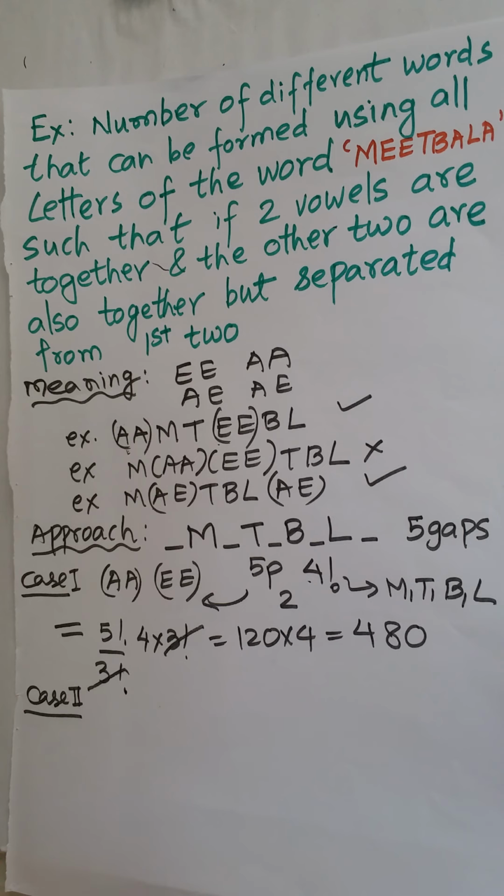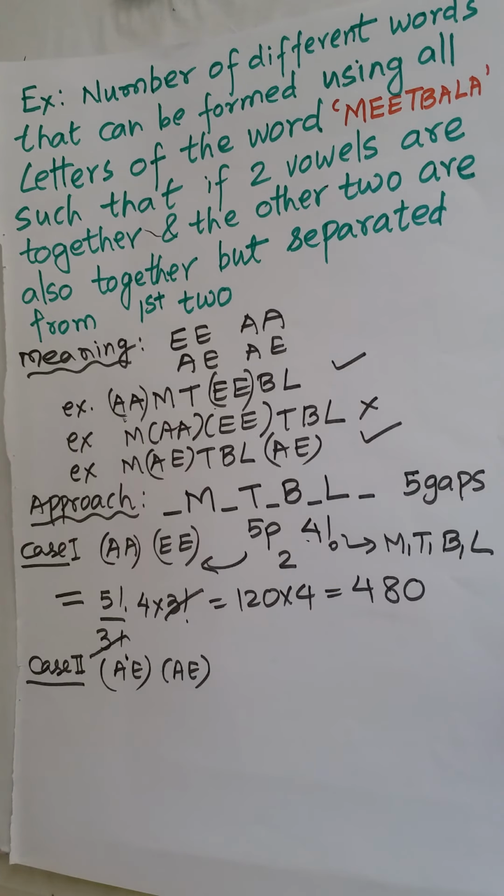That is case 2. The other combination of the 4 vowels is AE. There may be EA AE also, AE EA also. All these combinations will be taken care of in this case itself during the calculation.